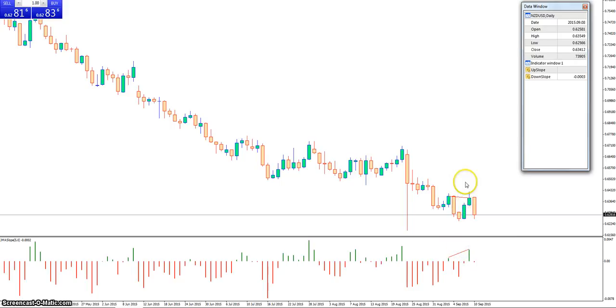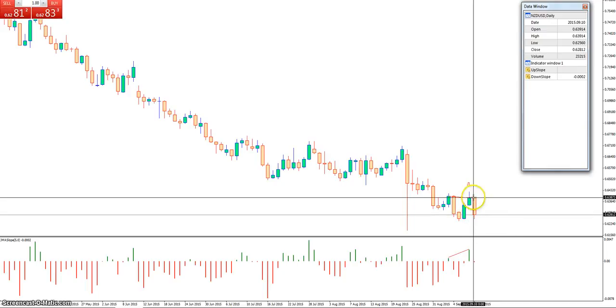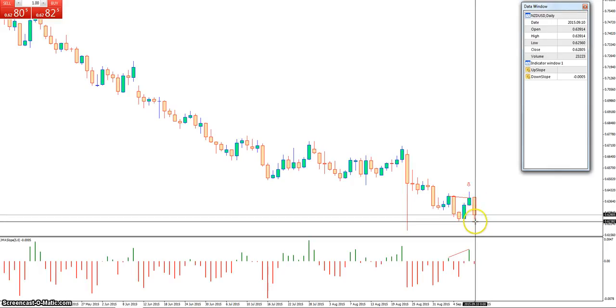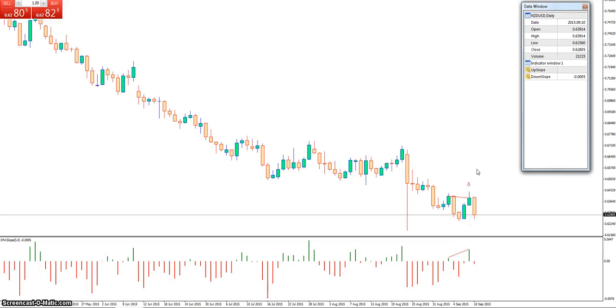What I defined as negative divergence is the indicator going up and the price moving down. That's a form of negative divergence, and we get a sell signal at the close of this bar. And see how nicely, by today's morning, the market opened and immediately jumped to around this level, and it is still falling down. So that's the power of this.